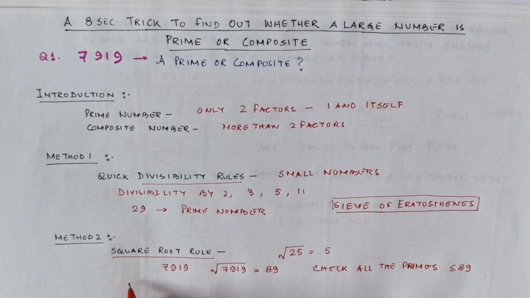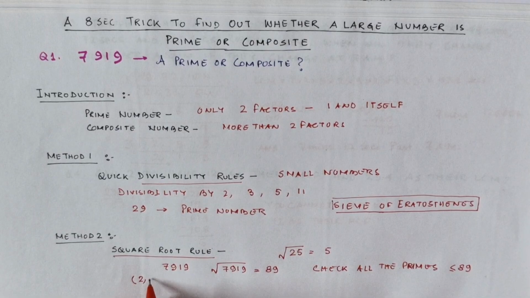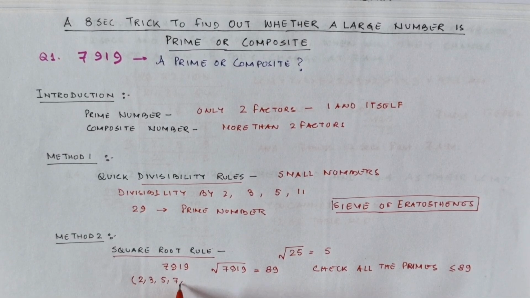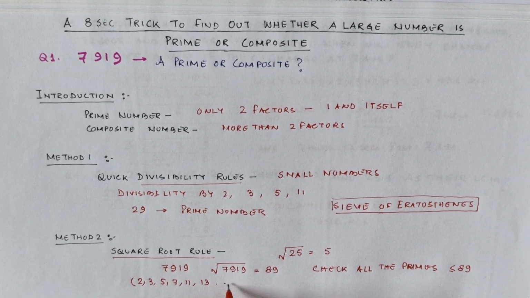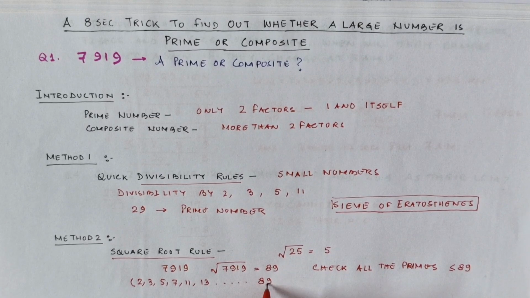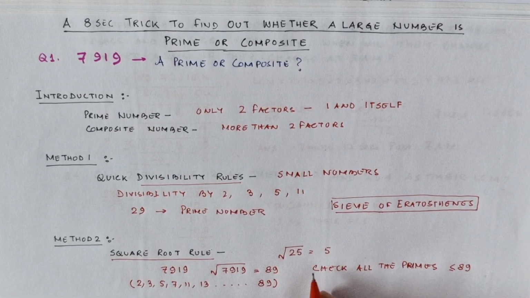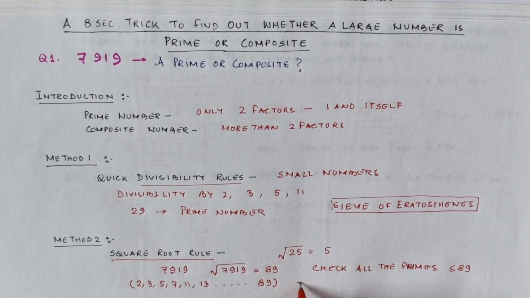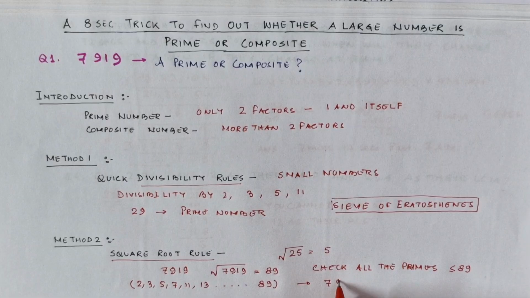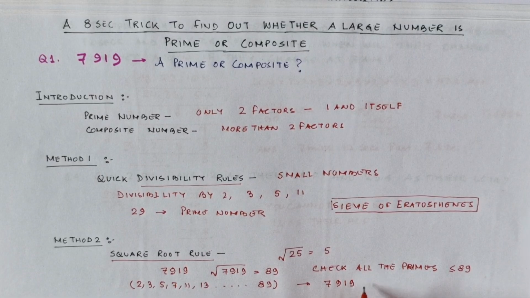I can check whether it is divisible by 2, 3, 5, 7, 11, 13 and all the prime numbers till 89. If we check carefully, we'll see that none of them can exactly divide 7919, and hence we can say that 7919 is a prime number.